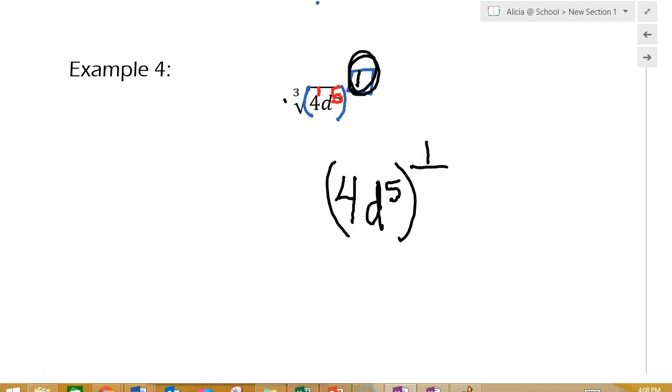And then my root or index number becomes the denominator. So that's one of the trickiest things, is that anytime that base doesn't have parentheses, go ahead and put it in parentheses and give it a power of 1. Only because since my exponent right here on D is a 5, you don't want to accidentally put that as the numerator of the exponent. So just be careful.